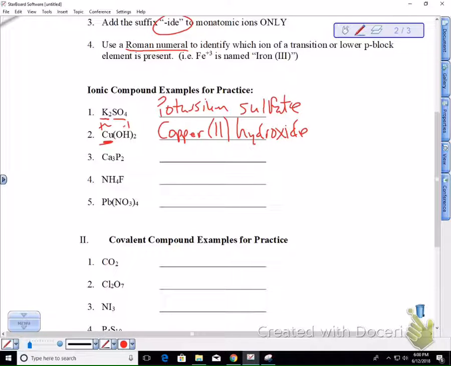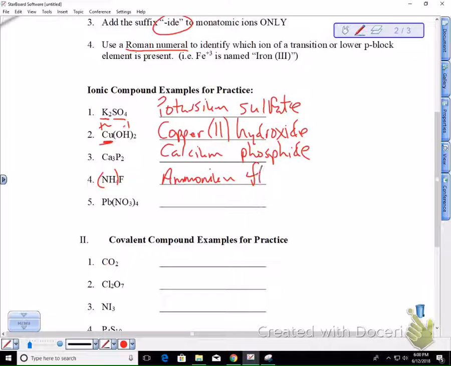Remember doing that? Number 3, we have 2 elements, so we don't have to worry about any polyatomics here. Calcium and then phosphide. Number 4, I do have a polyatomic. NH4 is my cation here, and we call that ammonium.